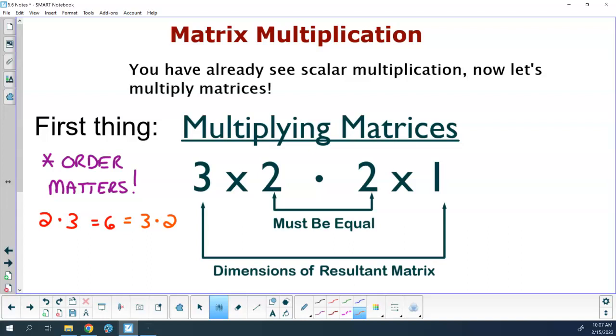So what we do is we look at the dimensions of the left matrix, and we write them out, 3 by 2. Then we write out, right after that, the dimensions of the right matrix. And in order to be able to multiply these matrices, these two middle dimensions must be the same.